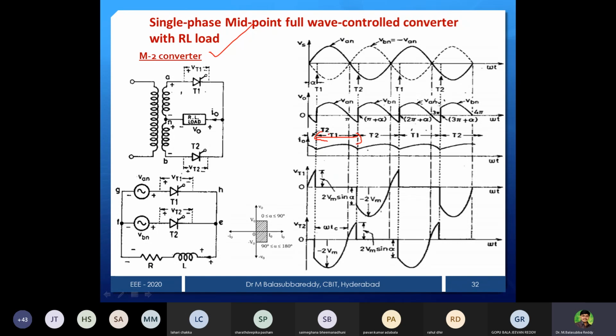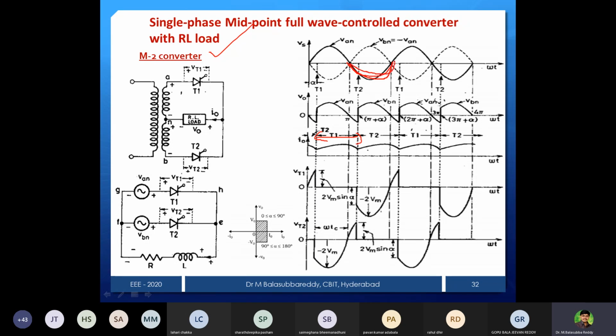In exams, also specify the durations in which each device is conducting. So from alpha to pi plus alpha, T1 is conducting. Then at pi plus alpha onwards, or at pi onwards, thyristor T2 is forward biased.